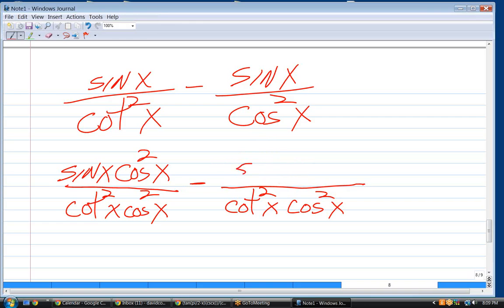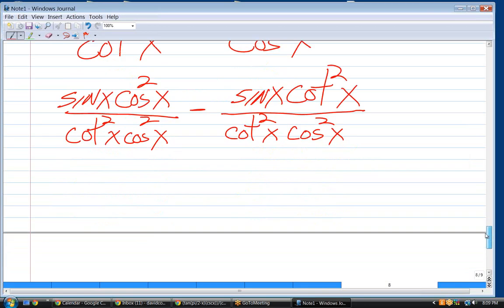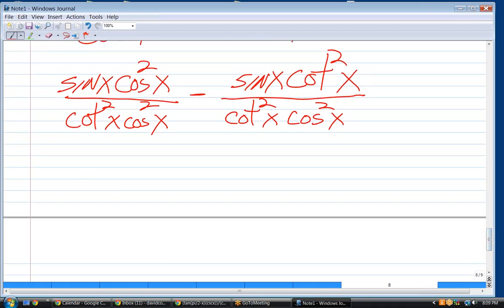That'll be sine x times cotangent squared. Okay, now we have a common denominator, so we can operate on the fraction. There's my common denominator.